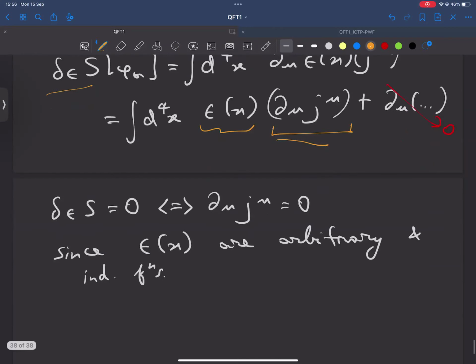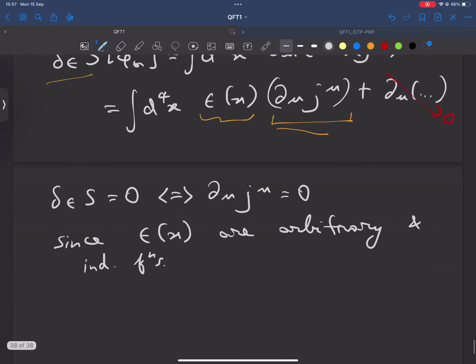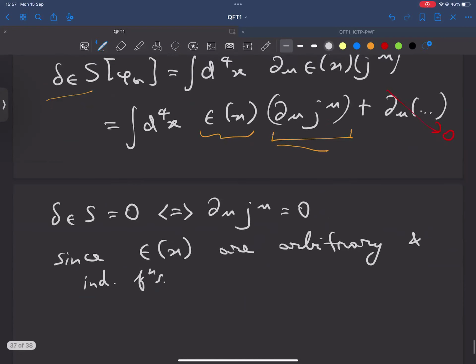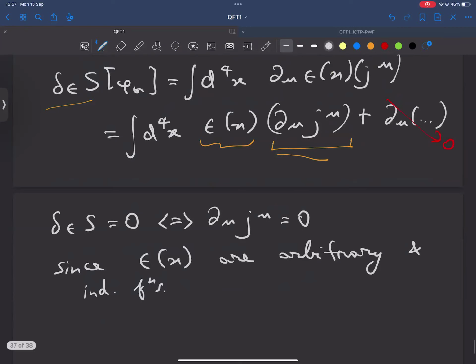This is one of the main theorems of calculus of variations, if you want to be rigorous. So that means we proved that an equation like this holds, that J mu is a conserved current.